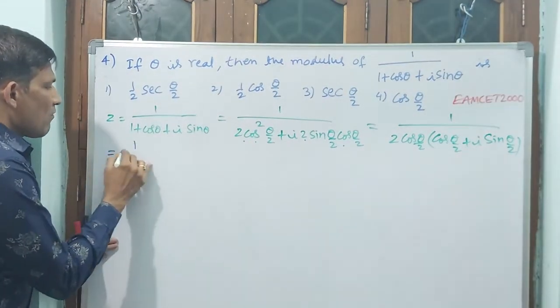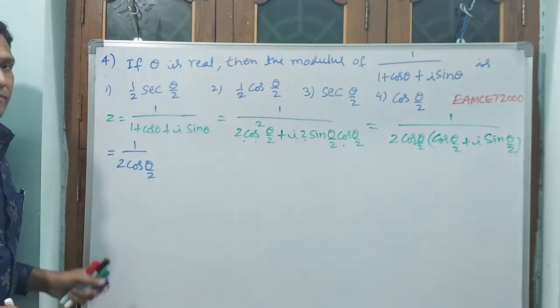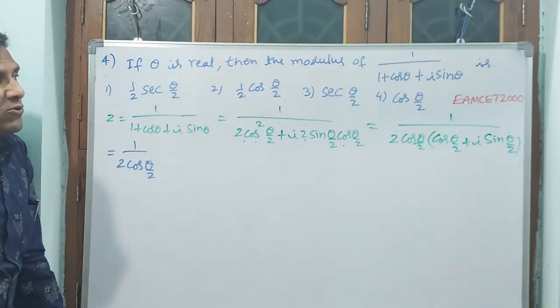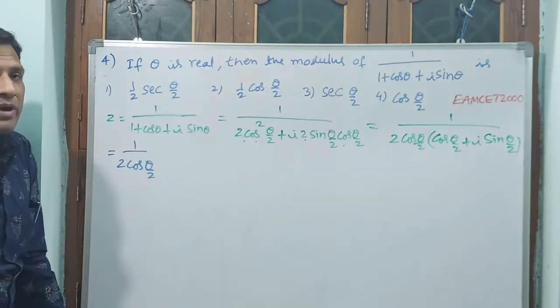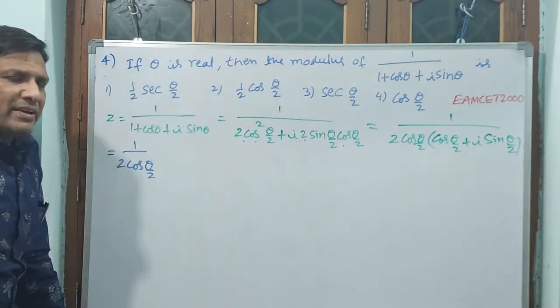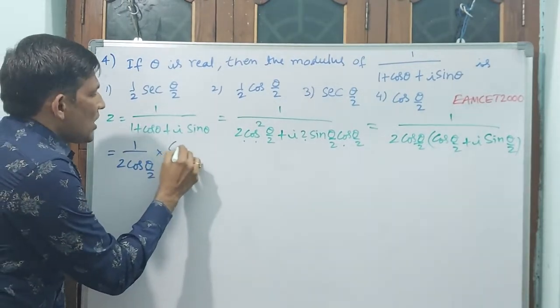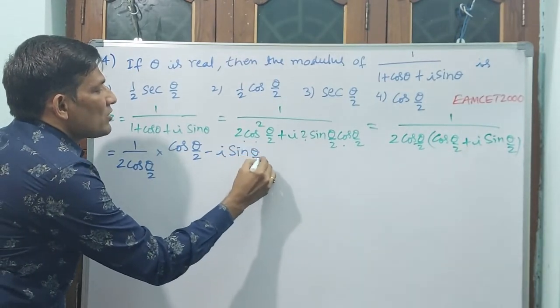I have separated 1 by 2 cos theta by 2. Remaining, cos theta by 2 plus I sin theta by 2 in the denominator, you can change. It will make the conjugate, that means into cos theta by 2 minus I sin theta by 2 is going to happen.